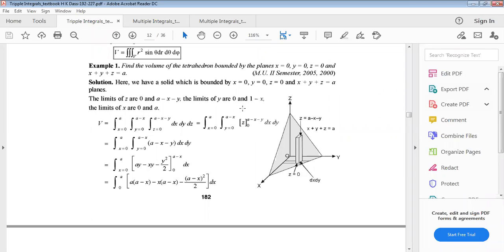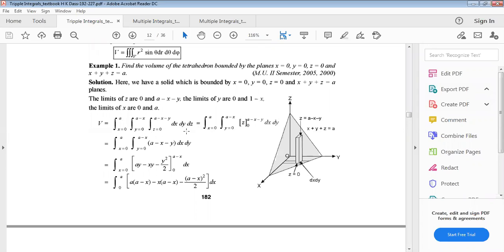Because putting x equals 0 and y equals 0 in the plane equation gives the bounds, the limits of x will be 0 to a. Now the total volume will be the integral with x limits 0 to a, y limits 0 to a minus x, and z limits 0 to a minus x minus y, of dx dy dz.